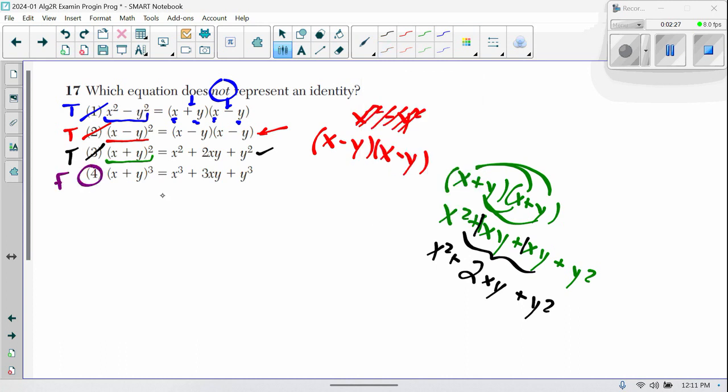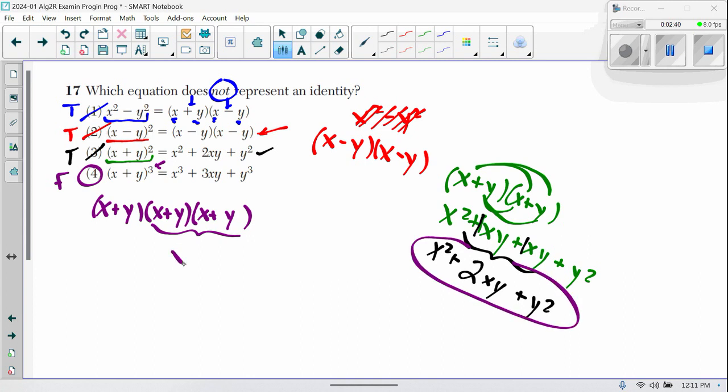How come? If I take x plus y and multiply it times itself 3 times, well, I just did this. Here's the answer. It's x squared plus 2xy plus y squared. I still got to multiply that times another x plus y.